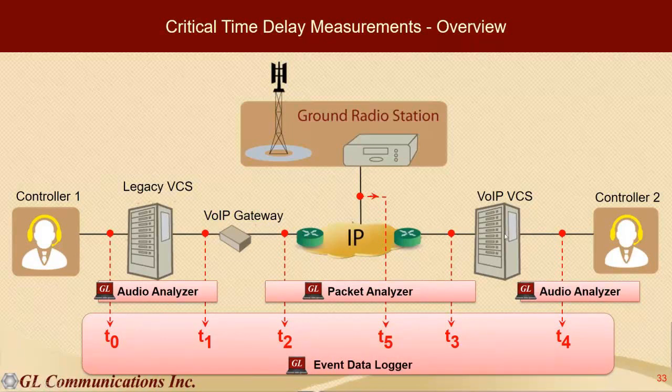That can be timed very precisely and very repeatably with our product. You could do that 100 times, 1,000 times, just to see how this VoIP VCS is performing. And you can get the picture of how you can do that from different points within this network.